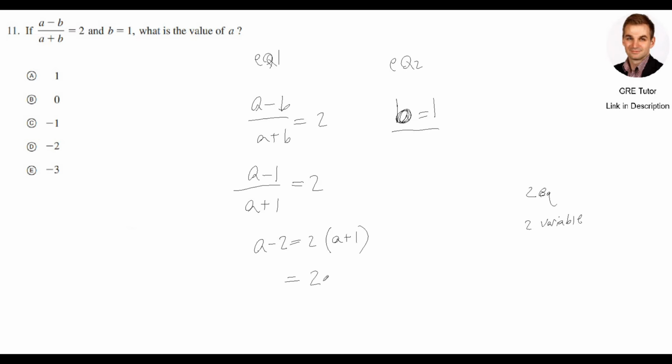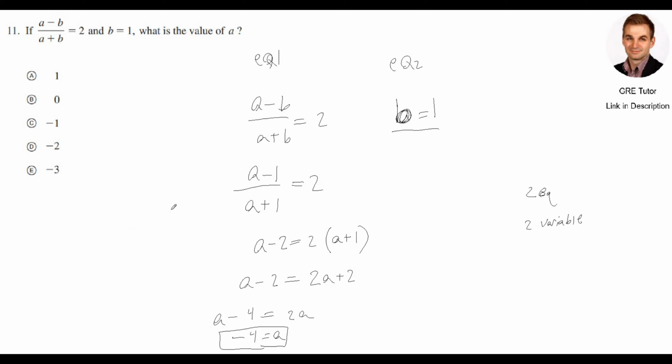What we get is 2a plus 2 is equal to a minus 2. Let's subtract 2 from both sides, and we get a minus 4 is equal to 2a, and then let's bring that a to the other side, and we get negative 4 is equal to a. So the answer is that a is negative 4.